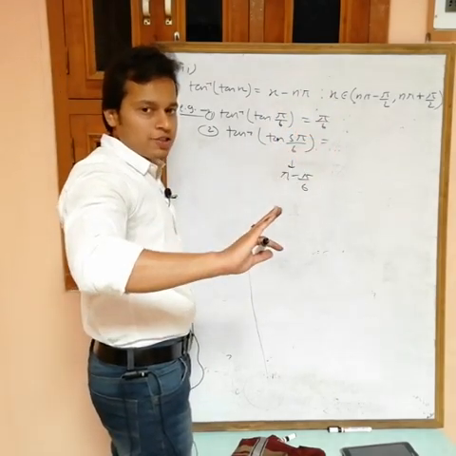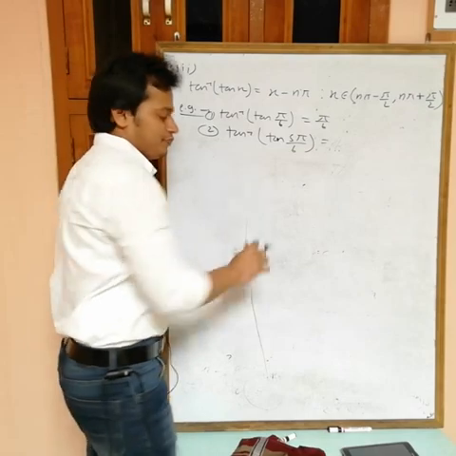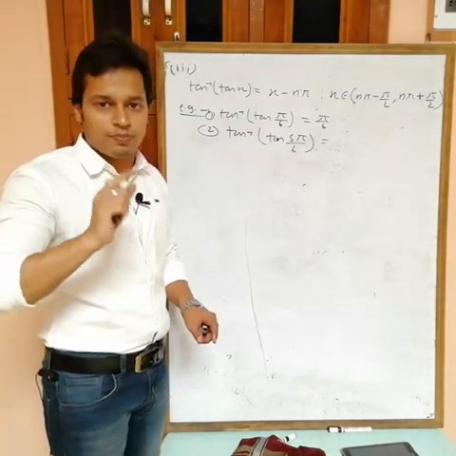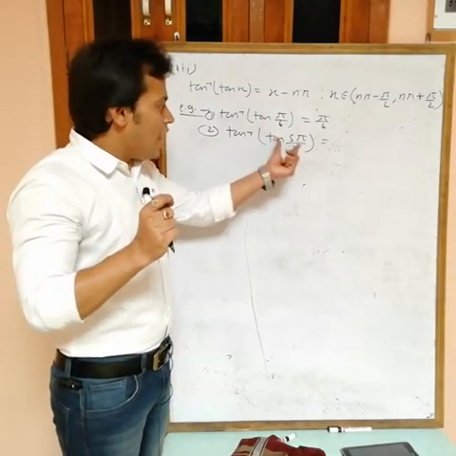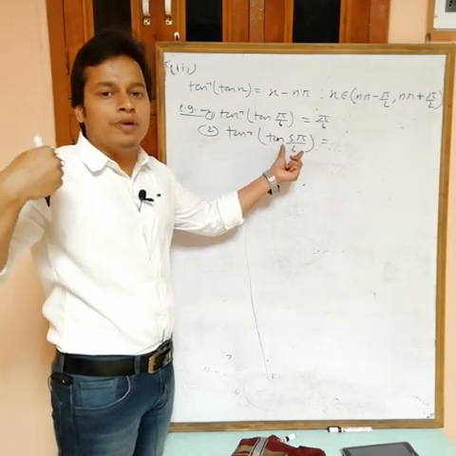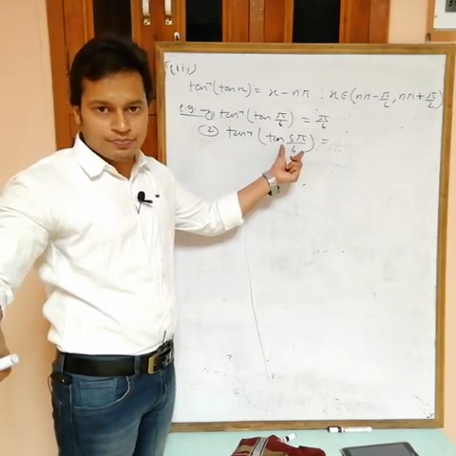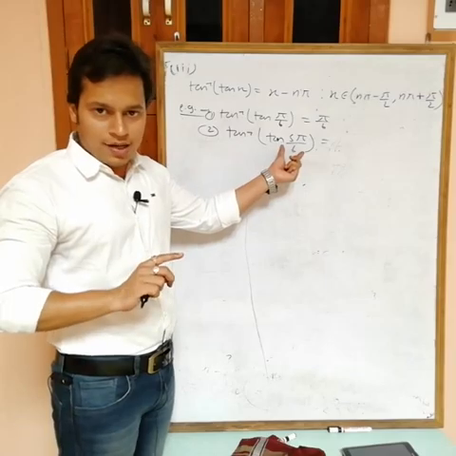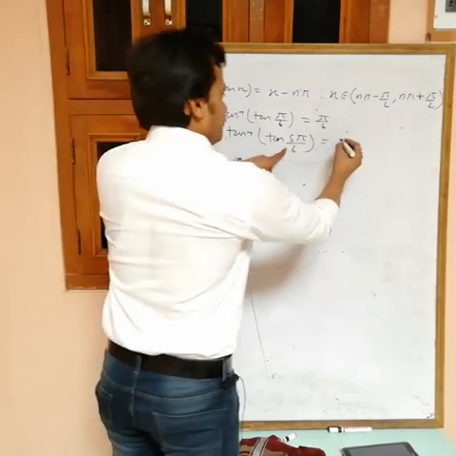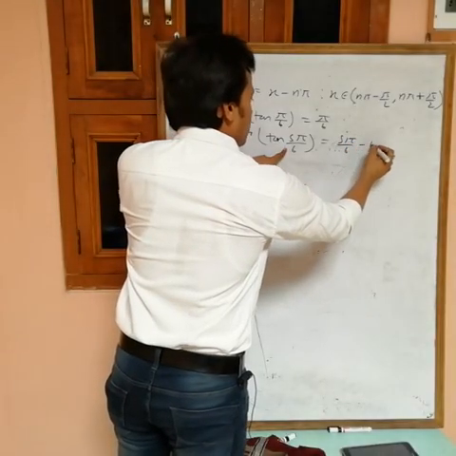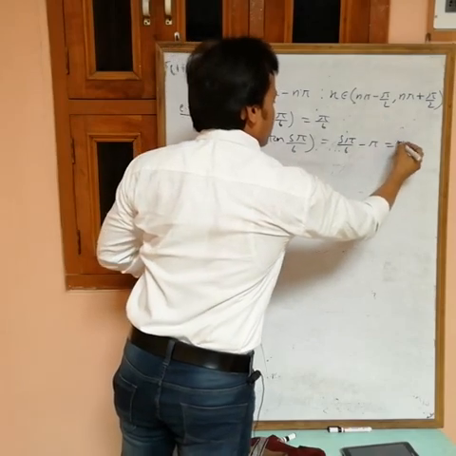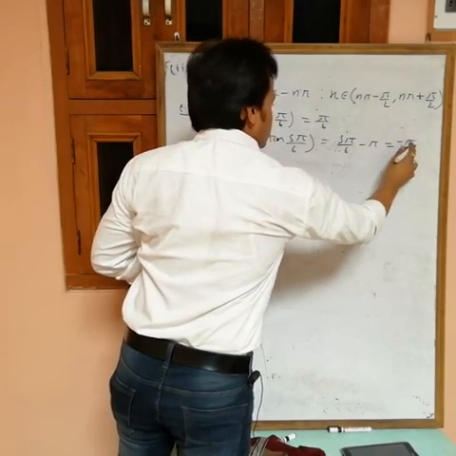The answer is x minus a multiple of pi. Remember one line: identify which multiple of pi this is near to. This is near to pi, then the answer is 5 pi by 6 minus pi. So what are we getting? Minus pi by 6. This is the answer for this one.